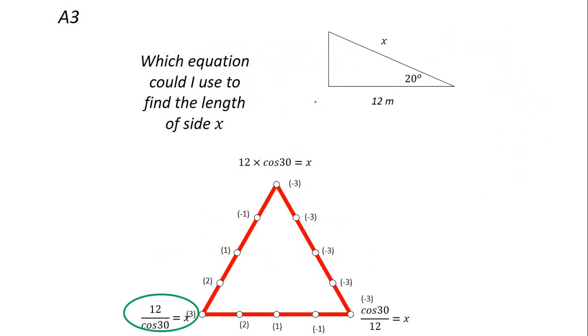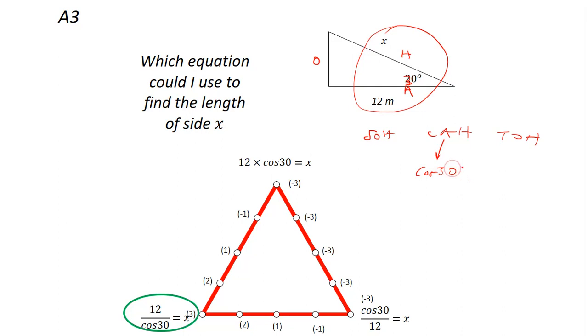Which equation could I use to find the length of side x? I have to write it out. I have to write SOHCAHTOA. I have to go onto my thing and write that's that, opposite, adjacent, hypotenuse. I've got these two, so I've got CAH. Then I have to write out cos, in this case, let's pretend it was 30.